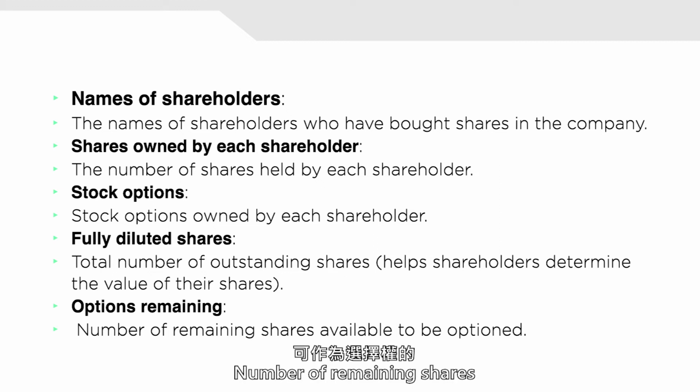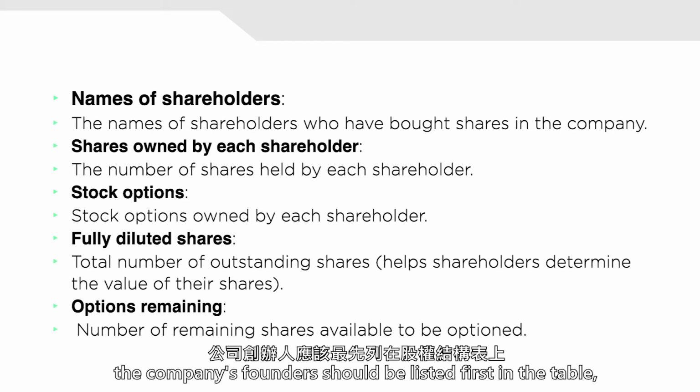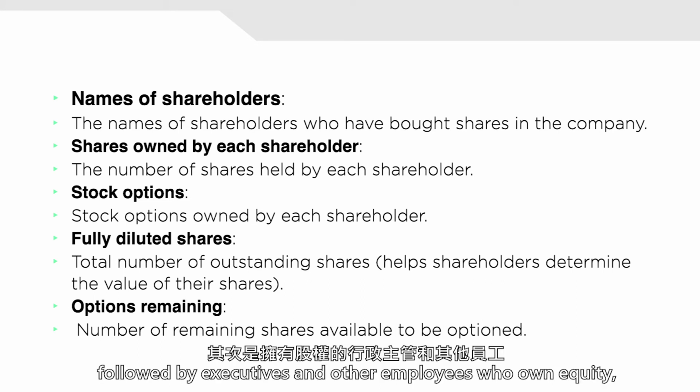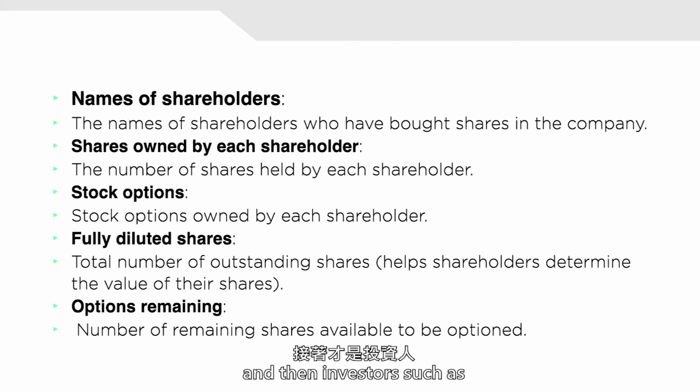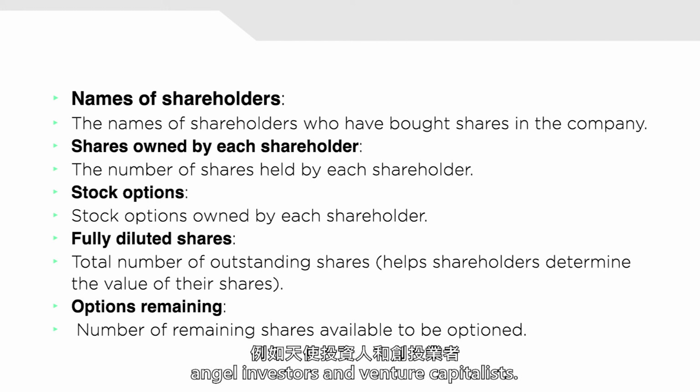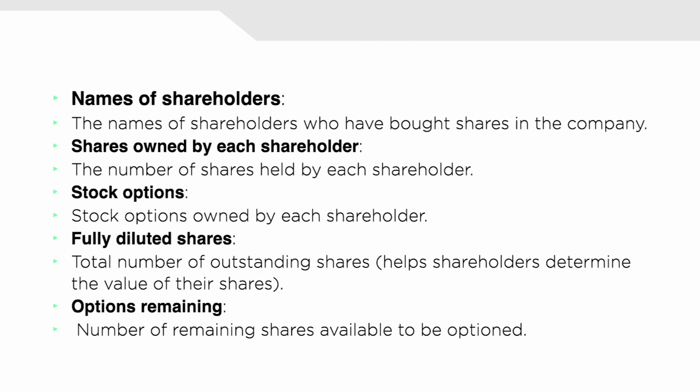Options remaining, the number of remaining shares available to be optioned. Last but not least, the company's founders should be listed first in the table, followed by executives and other employees who own equity, and then investors such as angel investors and venture capitalists.